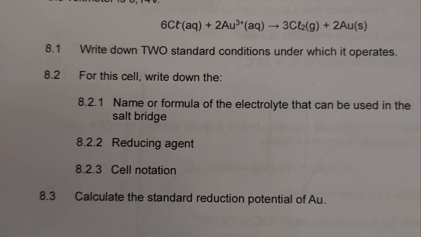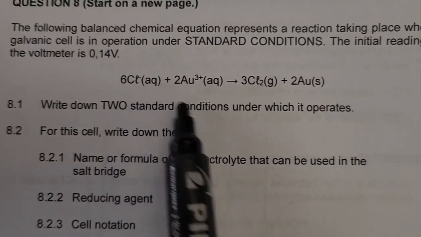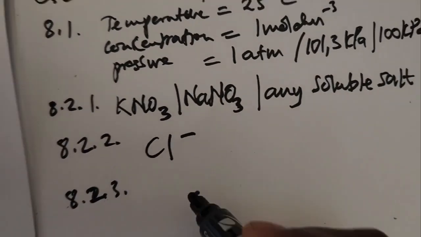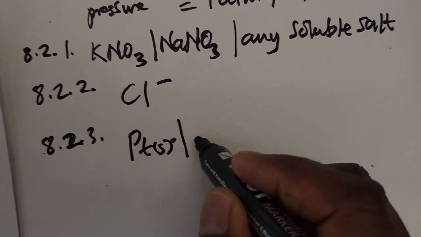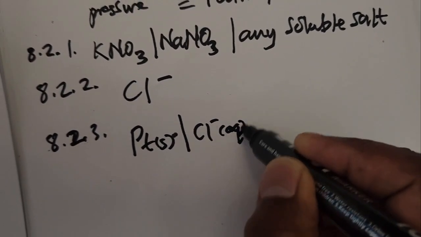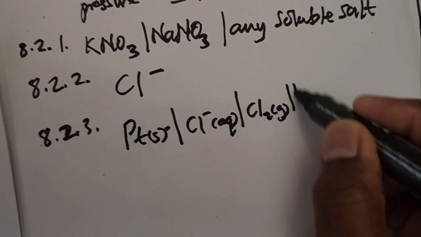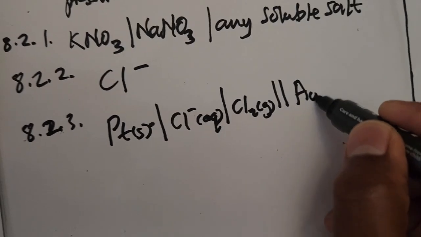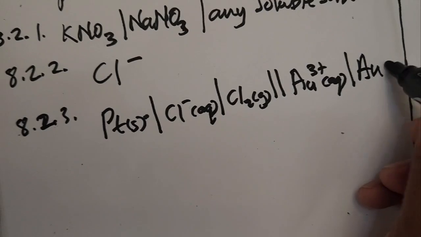8.2.3. On this one, write down the cell notation. Very important. Remember we said the chloride ions are oxidized, therefore we'll start with the chlorine half-cell. Because there's no electrode there, we'll start with platinum solid, and then Cl minus, which is aqueous, and then Cl2, which is a gas, salt bridge, and then we'll have Au3 plus solution, and then Au, which is a solid.